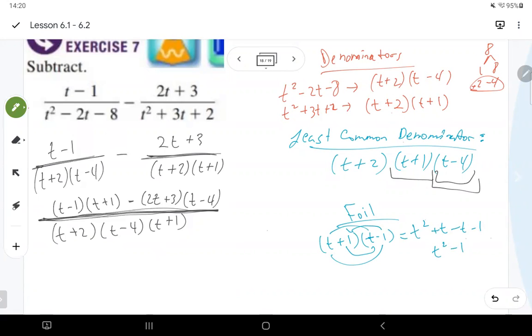And then we'll do the other one, 2t plus 3 times t minus 4. We end up with 2t squared plus 3t minus 8t minus 12.